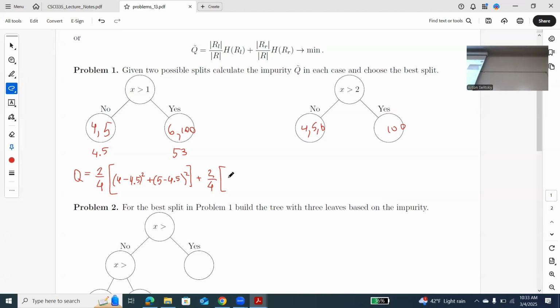So 1/2 squared plus 1/2 squared. And the same will be for the next pair, because 6 minus 53 is the same as 100 minus 53 squared.